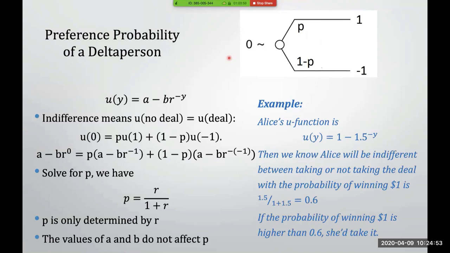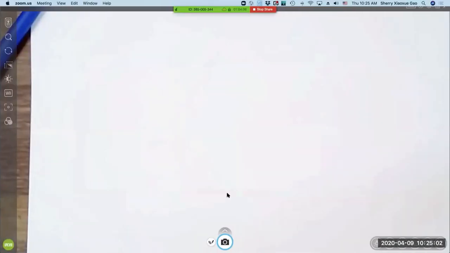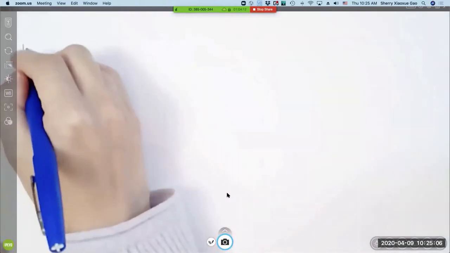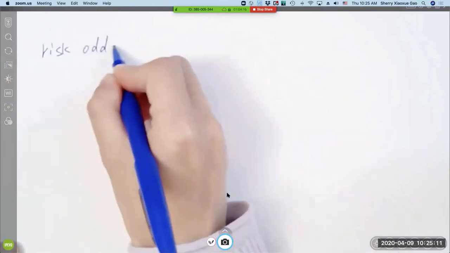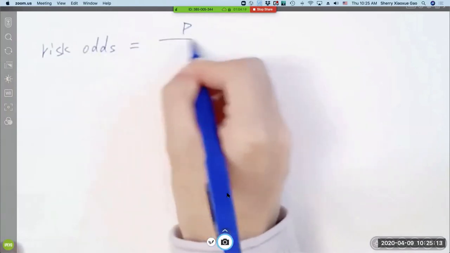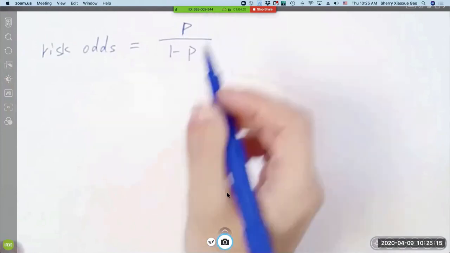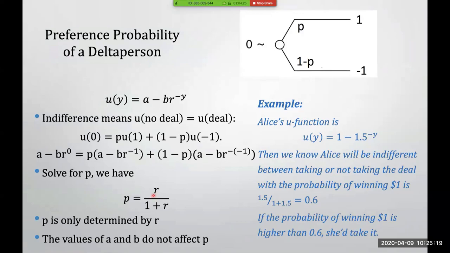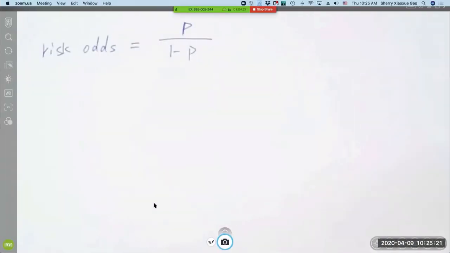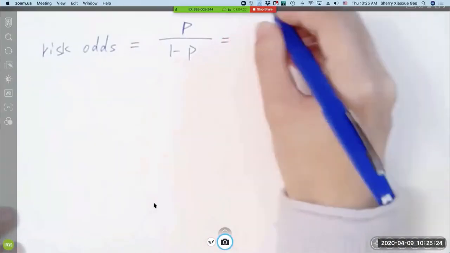So when you have this equation, you can find P, which is equal to R over 1 plus R. Let's look at it over here. So the risk odds is equal to P over 1 minus P. And we have already learned that P is equal to this R over 1 plus R. So let's put that in.